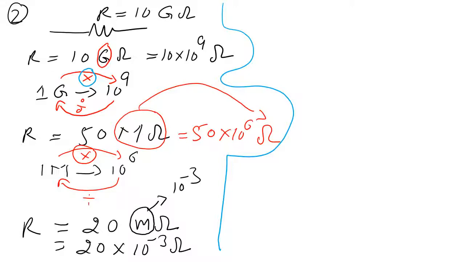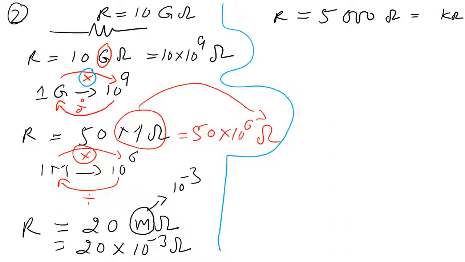And sometimes you have to go opposite. Opposite means if the value of the R is given, this is 5000 ohm, and you have to write this in kilo ohm. So here you are going opposite basically.